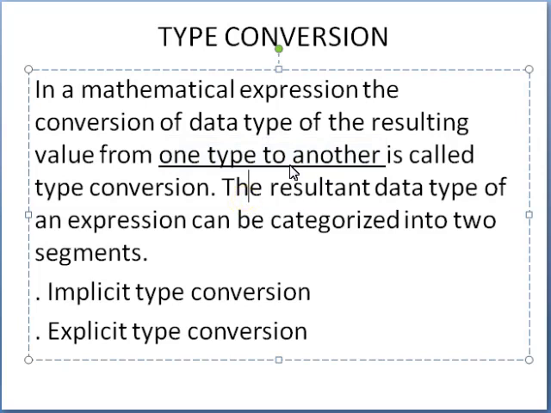If it is a float value, we are going to convert it into integer. This is called type conversion. The resultant data type of an expression can be categorized into two types. First one is implicit type conversion and next one is explicit type conversion.